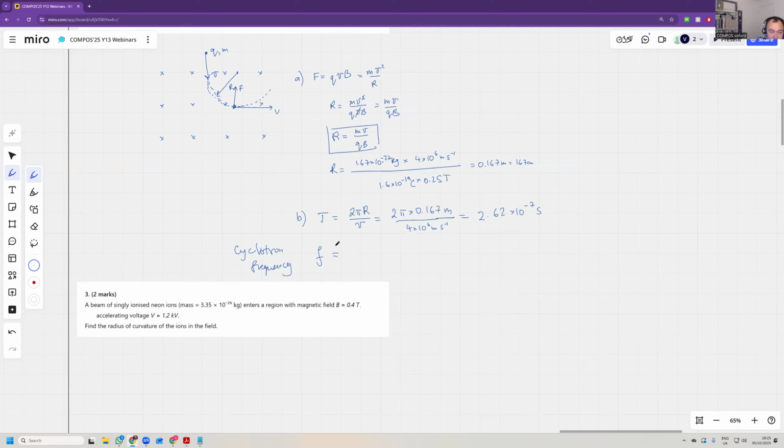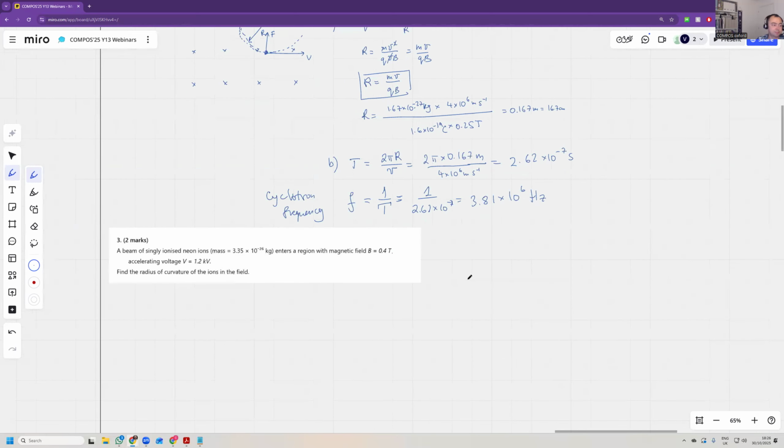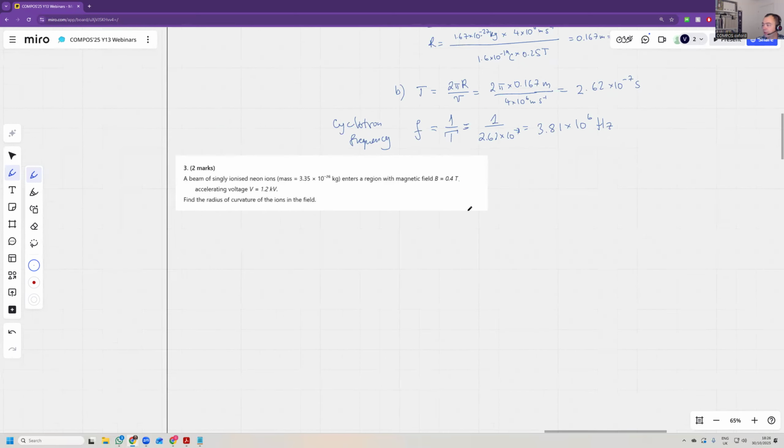And the frequency will be 1 divided by time period, and that is 1 over 2.62 times 10 to the minus 7, which is 3.81 times 10 to the 6 hertz. So 3.8 megahertz. Nice. A radio frequency.